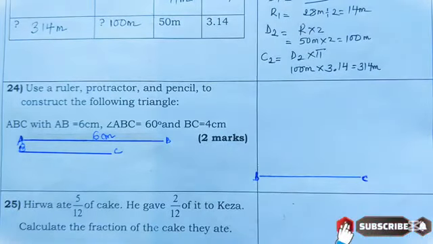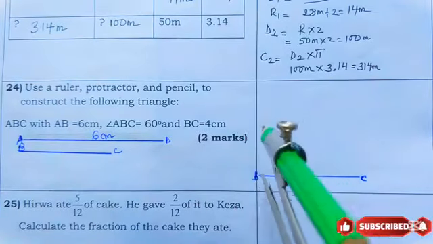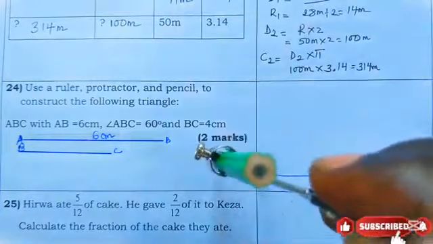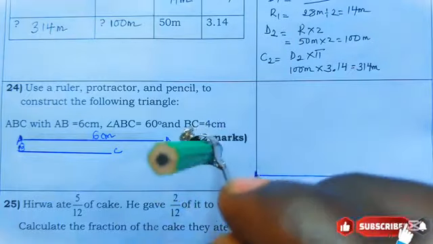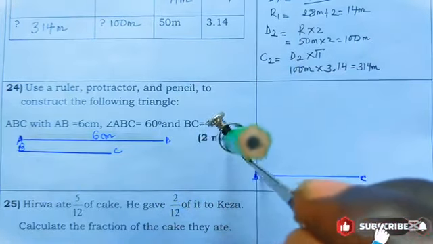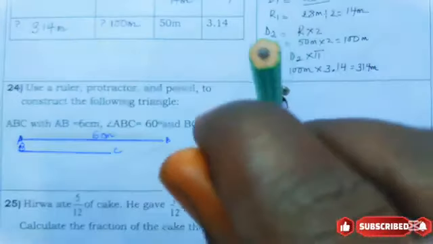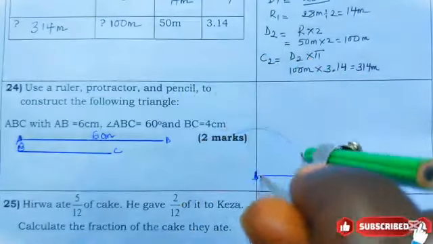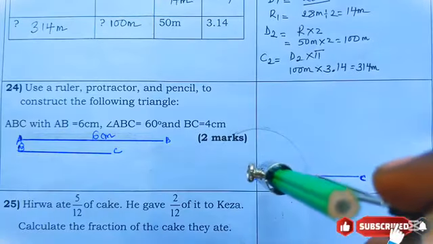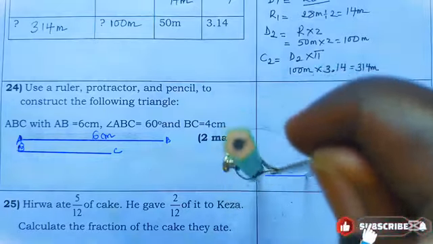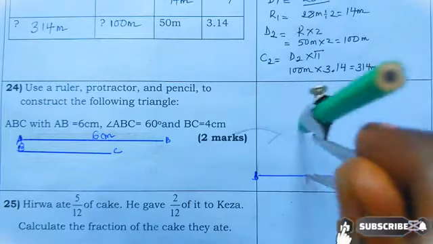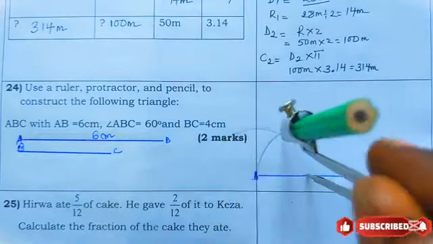And then we can try to make an arc where it starts from here, from here, and then I'm moving from here up to here, as you're seeing.